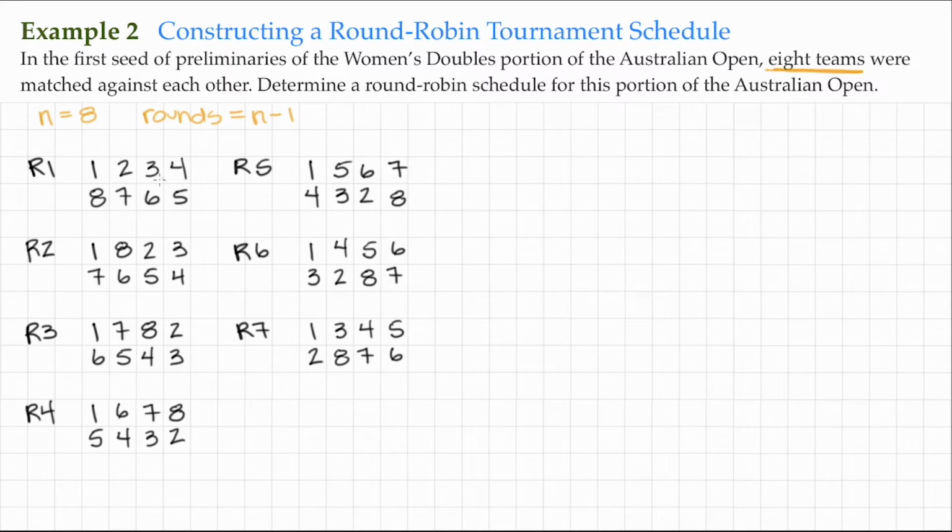Now that I have all these quick little listings, these pair-ups here, I'm going to go ahead and make the schedule. Across the top, I'm just going to go 1, 2, 3, 4, 5, 6, and only 7 rounds. These will be my rounds up here.